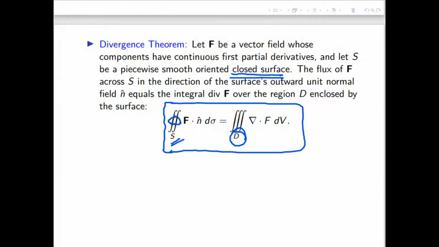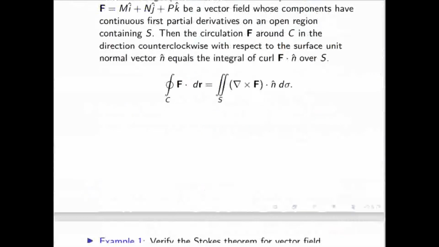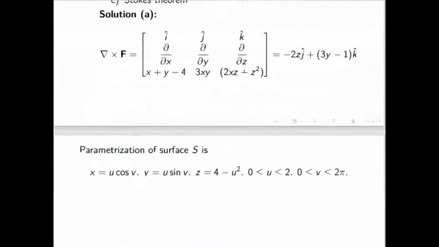So first I will write the same statement and then I will apply this. The integral of f dot n d sigma over a closed surface is the same as the triple integral of del dot f, that means the divergence of f, dv. So here I am writing the statement of the Gauss divergence theorem.